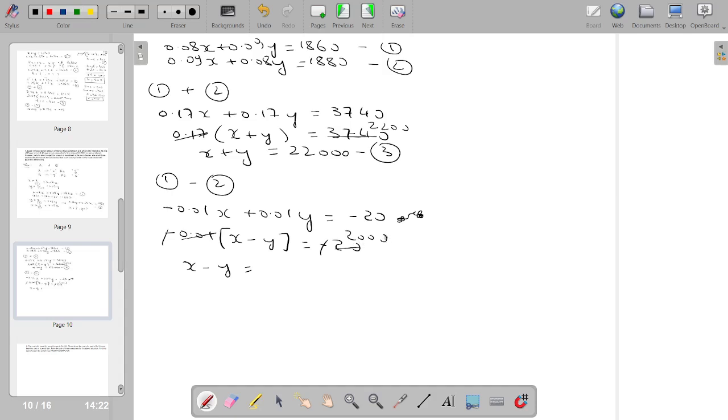Sorry, I made a mistake here. x plus y is not 2200, this is 22,000. So now x minus y is equal to 2000.